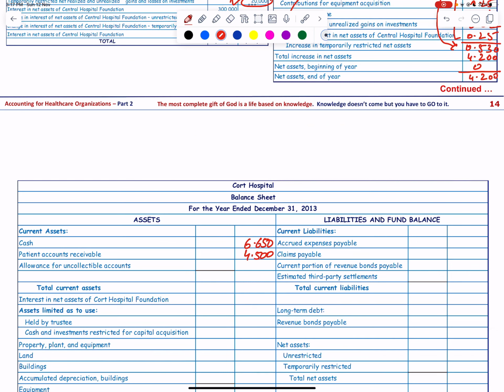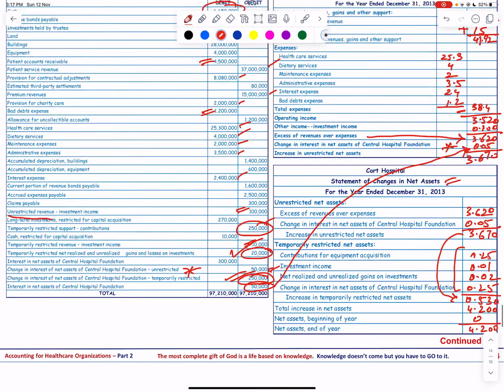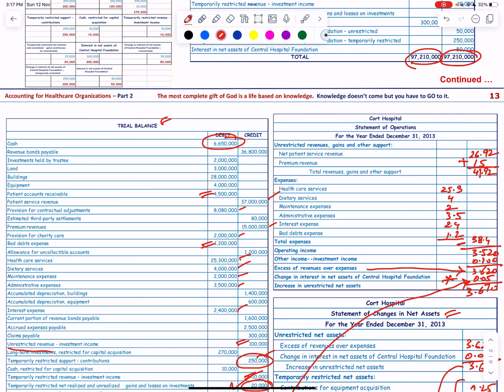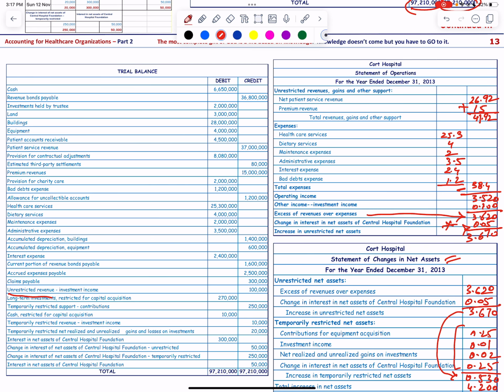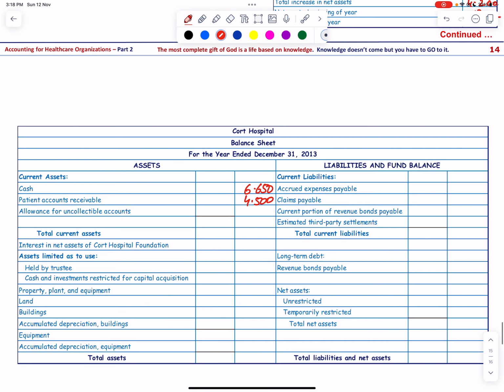Then we have the allowances for uncollectible, and the allowances for uncollectible is how much? 1,200,000. Let me clean it.